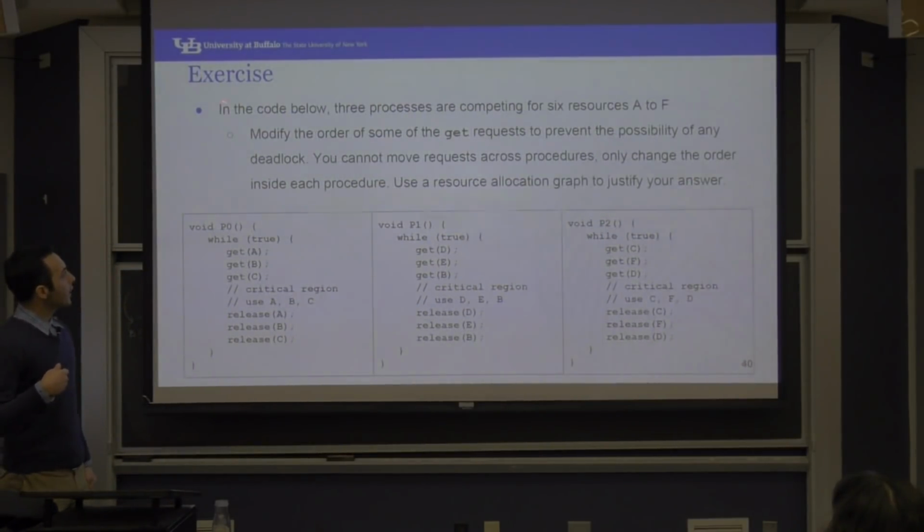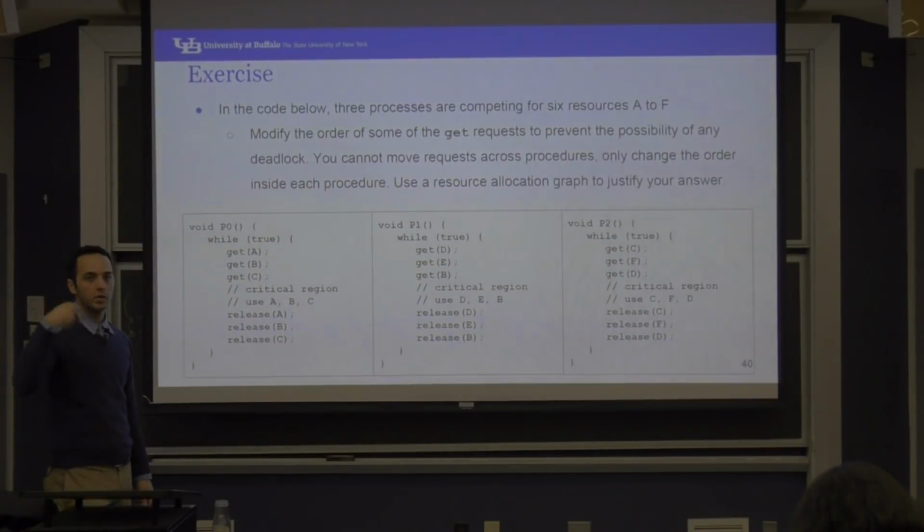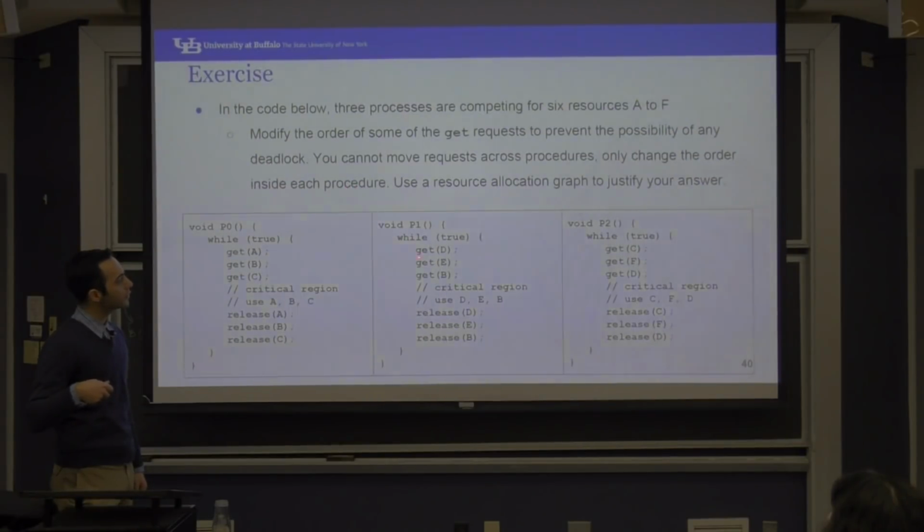So back to the same exercise. We're going to show it in a couple of minutes. After the lecture you may leave, but we want to continue. You definitely need to solve this exercise and try to move some of these gets only within their own process.